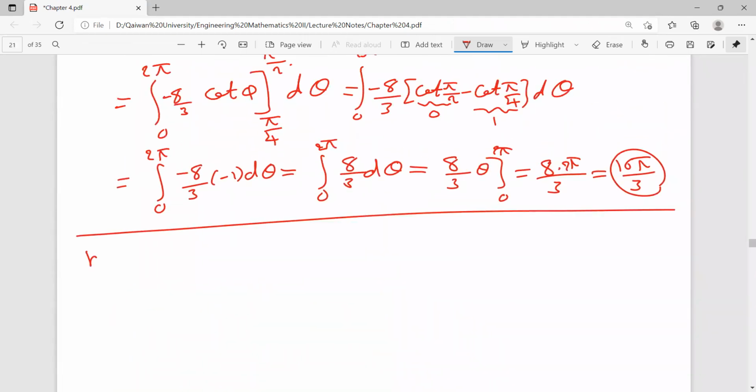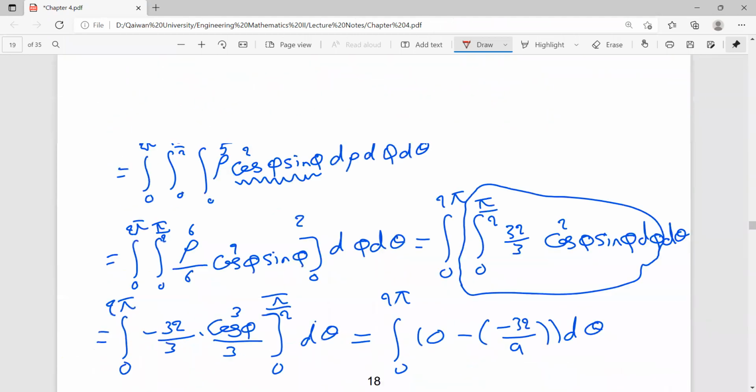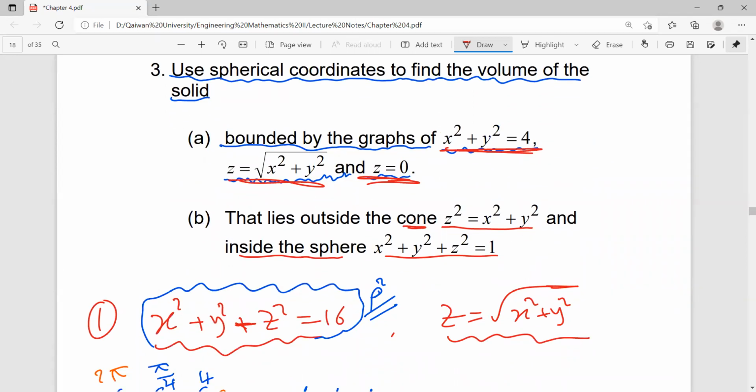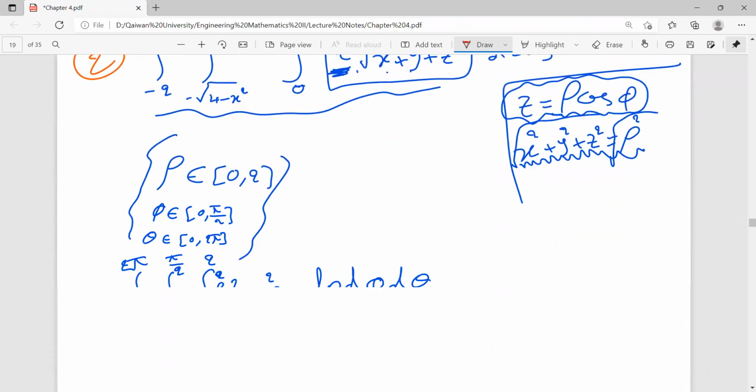As part B, it says z squared equals x squared plus y squared. Let me check the equations again. Z squared, yes, that's correct. And x squared plus y squared plus z squared equals 1.